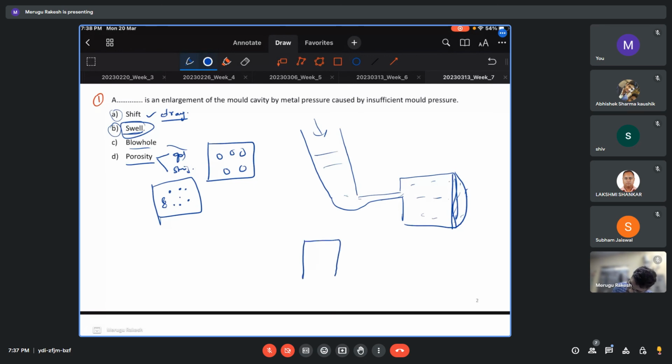We actually need this type of product, but due to this enlargement, we get this extra, this type of defect. This occurs only because of insufficient mold pressure on the liquid. We can take care of this by selecting good strength sand as well as good ramming of the sand.